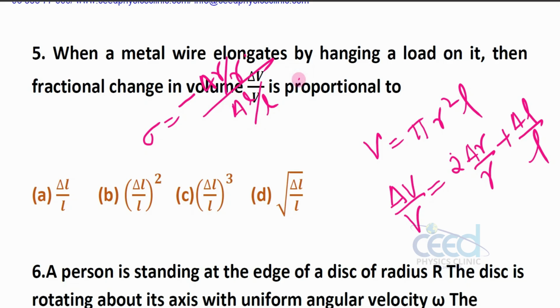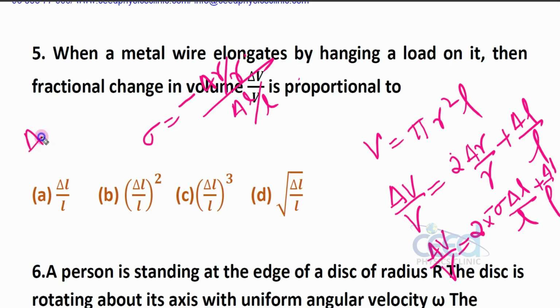Now delta V by V is equal to 2 times minus sigma into delta L by L, plus delta L by L. This I can write as delta V by V is equal to delta L by L taken out, times 1 minus 2 sigma.